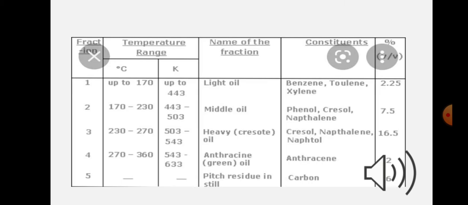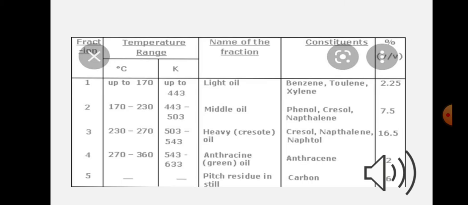So the name of the fraction is light oil, and the constituents present are benzene, toluene and xylene, and the percent is 2.25%.